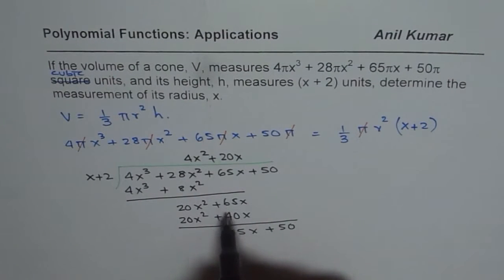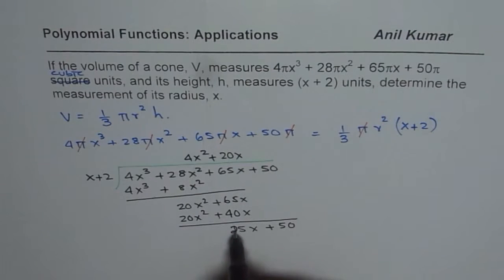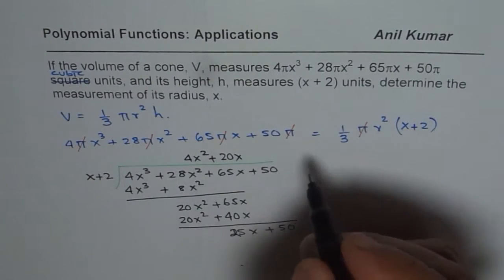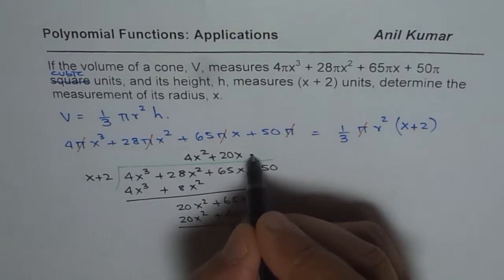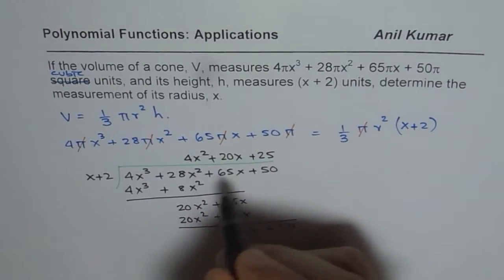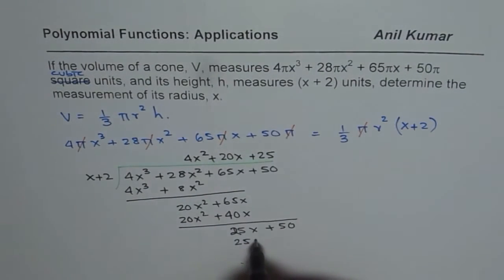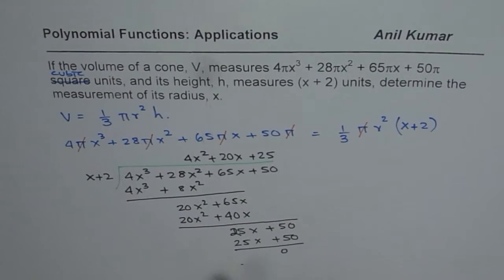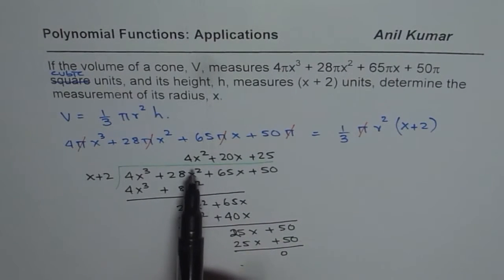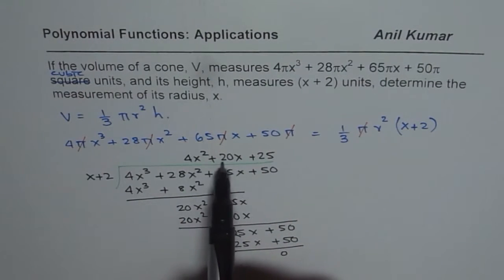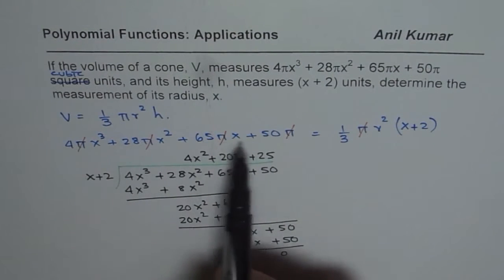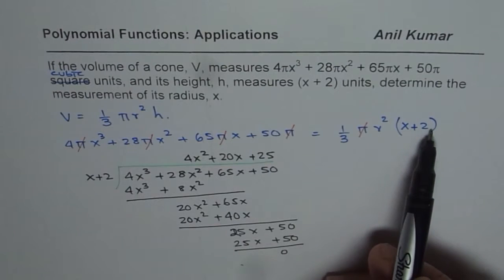This is actually 25. I wrote it 15. That is the problem. 65 minus 40 is 25. So we'll multiply by 25 now. So when you do that, you get 25x plus 50, and that gives you 0. So the quotient here is 4x squared plus 20x plus 25, and that is when you divide all this volume by x plus 2.